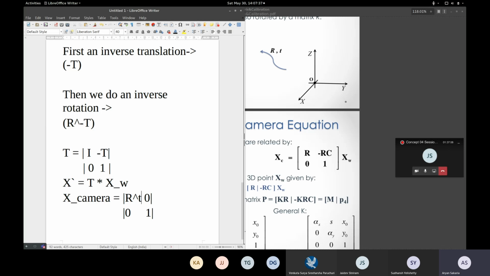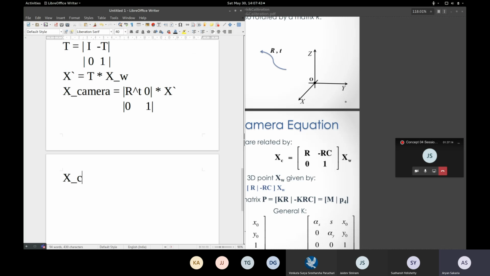All right, and I'm just going to multiply this with X dash. So I finally get X camera equal to this, and over here I'm going to replace my X dash with T into X world.